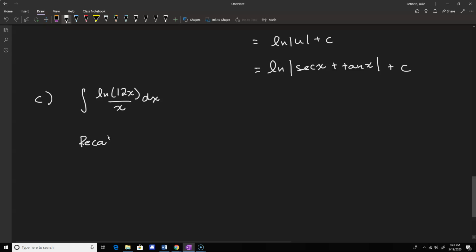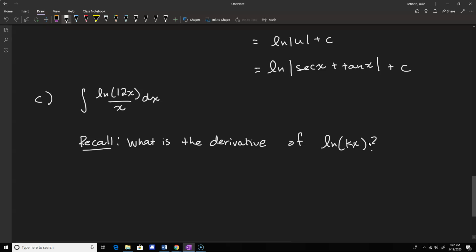So let's just recall. So let's say, what is the derivative of, let's say, the natural log of kx, where k is some constant. So for this, you would use the chain rule.